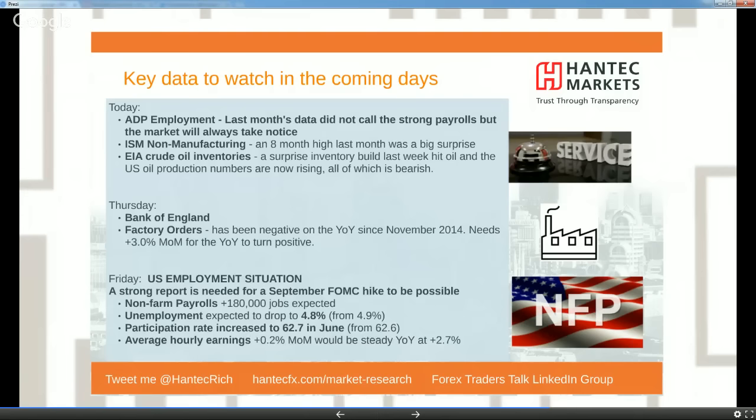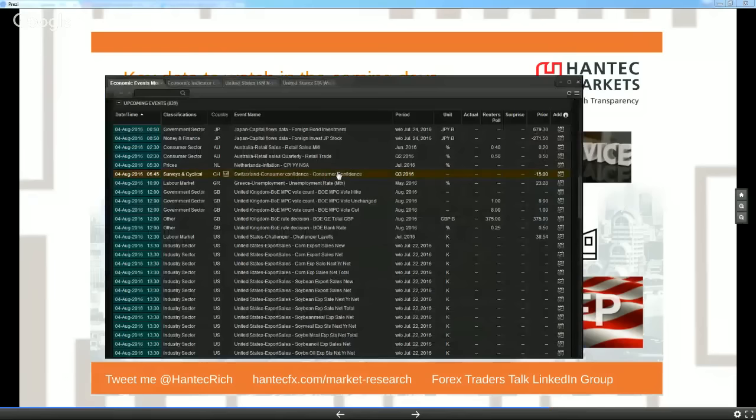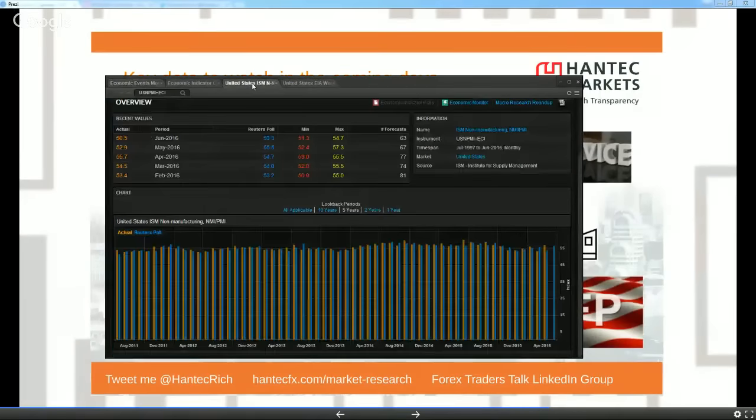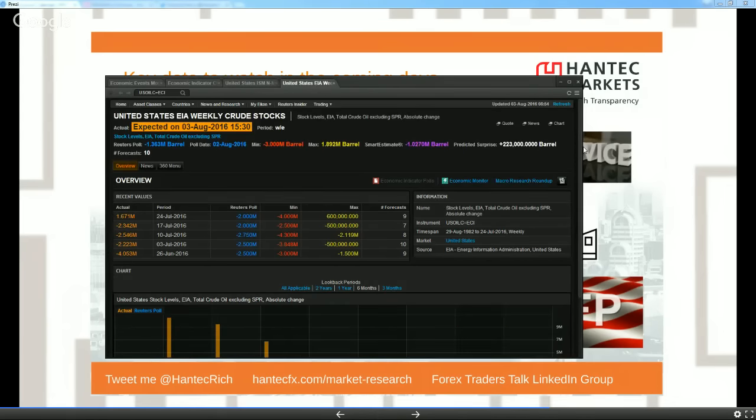Annoyingly, my Reuters charts have changed in terms of how I can get the data out. But the expectation for today is 56.0, which is down from the actual of last month, which was 56.5.